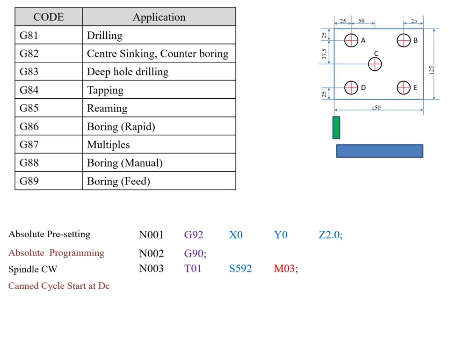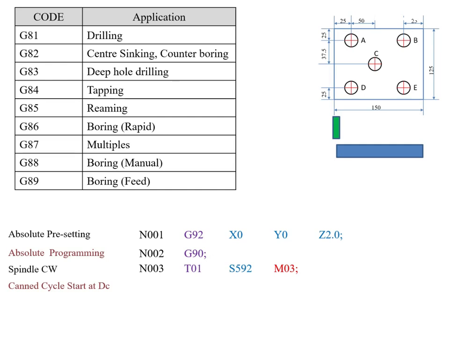Next, start the canned cycle at location D. We know that the format for the canned cycle is N, G81, X, Y, Z, R, F. N is the sequence number, that is N004, and G81 is the canned cycle for the drilling operation, and X, Y are the drilling location.